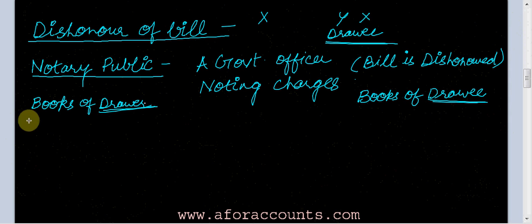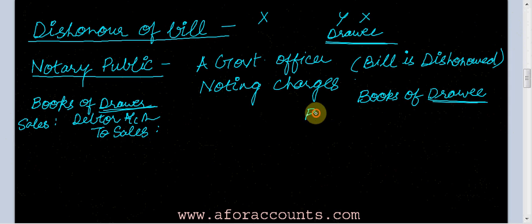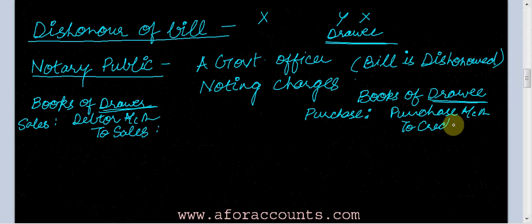So the first entry of sales will be debtor account debit to sales. And the entry for purchase here will be purchase account debit to creditor. Okay.